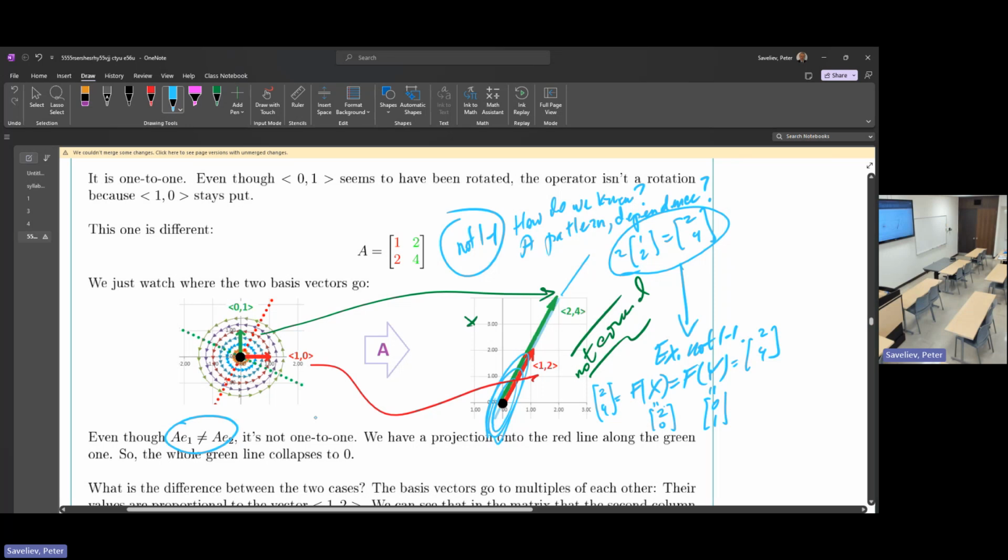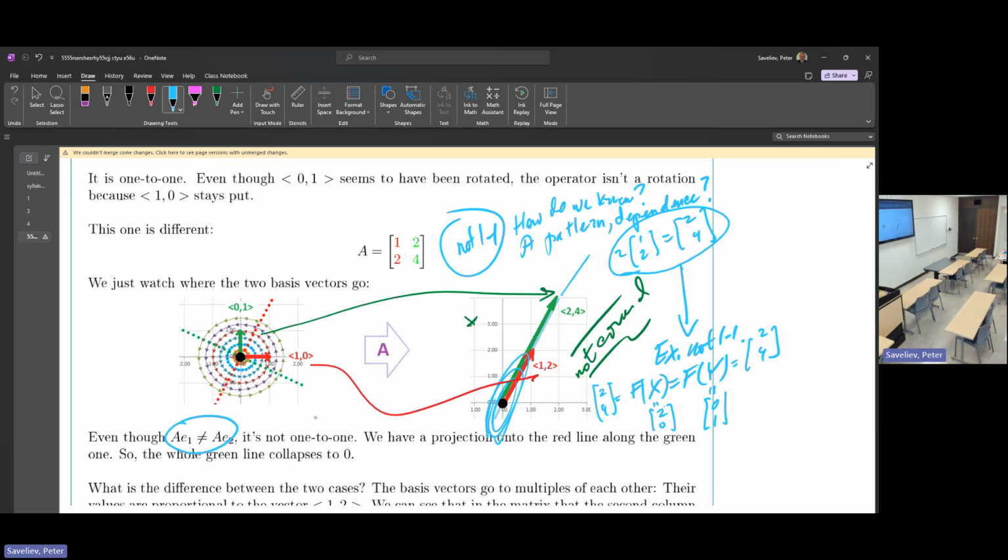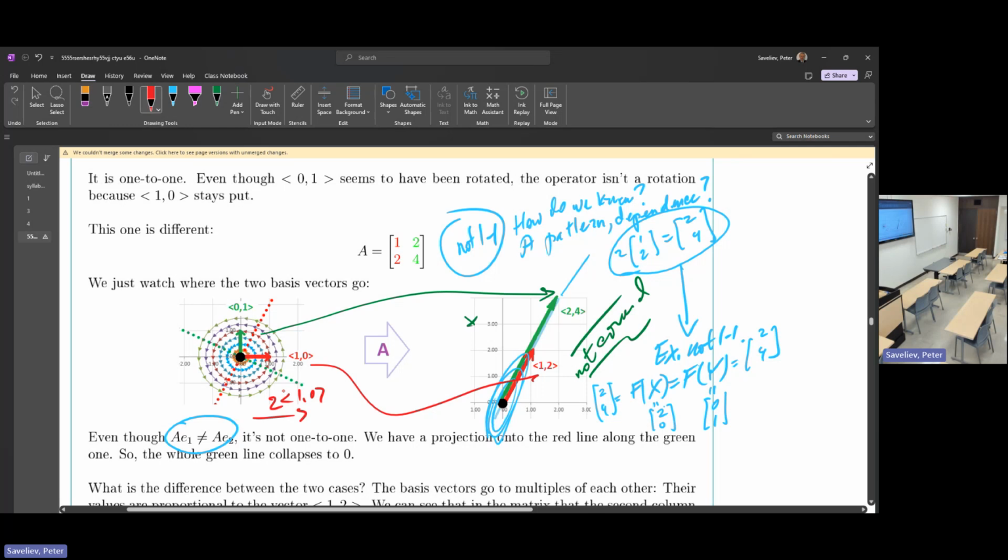Okay, so that's the idea. I come from the observation that 1, 2 and 2, 4 are multiples of each other. We know exactly what that multiple is. It's 2. So if we take a vector to be twice 0, 1, where does it go? It goes to the same place where 0, 1 goes.